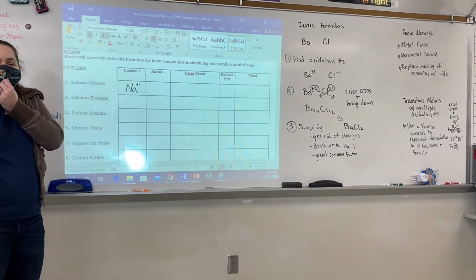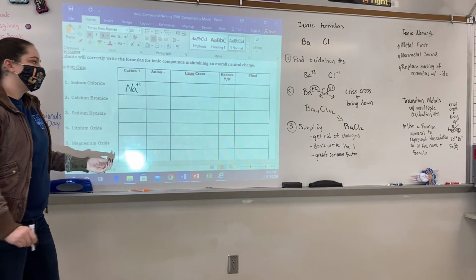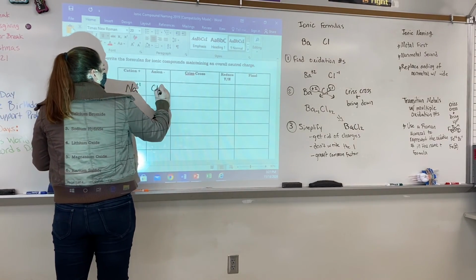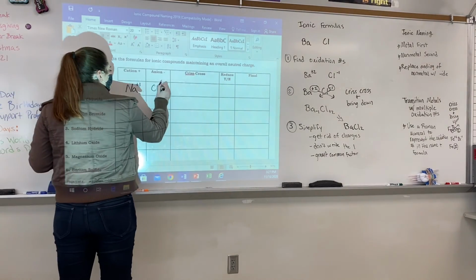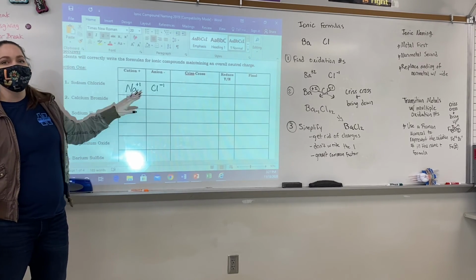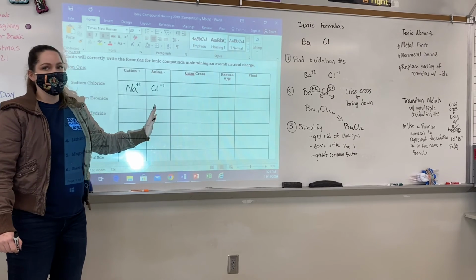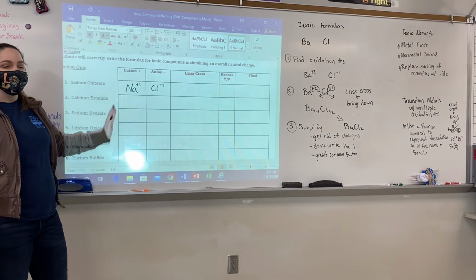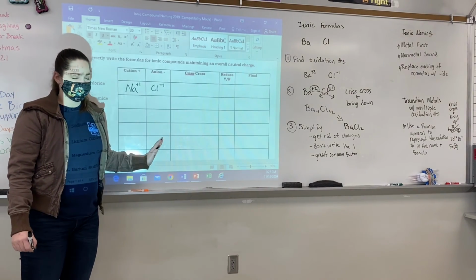Okay, what is our anion? What is the ion that's going to be negative? Chlorine. And what is the oxidation number for chlorine? -1. So that is your cation and that is your anion. Your metal is the cation, your nonmetal is the anion. So the first name is the cation, the second name is the anion.